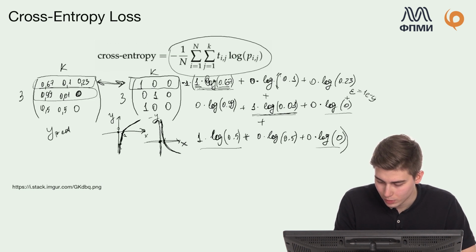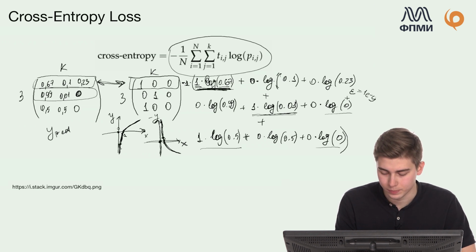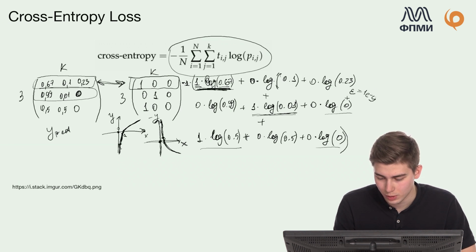And in the case of matched distributions, we will have very small loss values. So our goal is to minimize the loss, so to maximize these components, so to match between our true distribution and the predicted distribution.